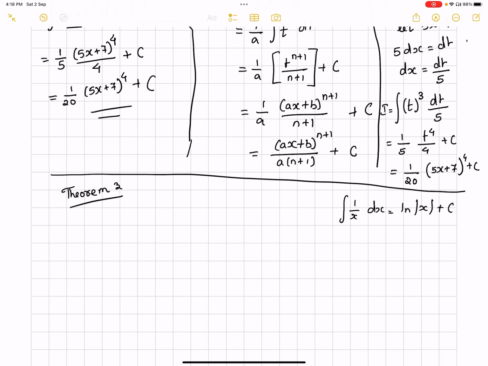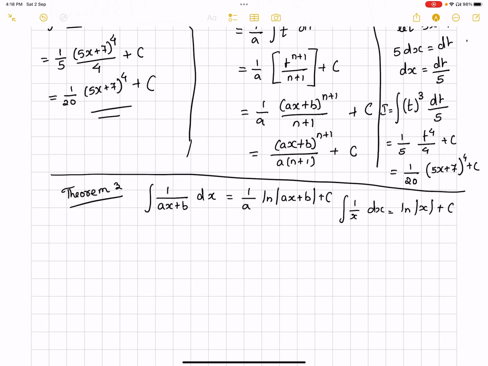Now here, if we have 1 divided by ax plus b, again a linear format, a polynomial in a linear one, and then dx has been provided, in that case it's going to be 1 by a ln of mod of ax plus b plus c.